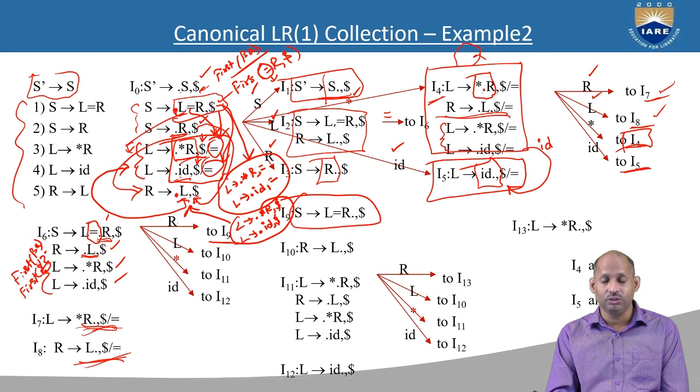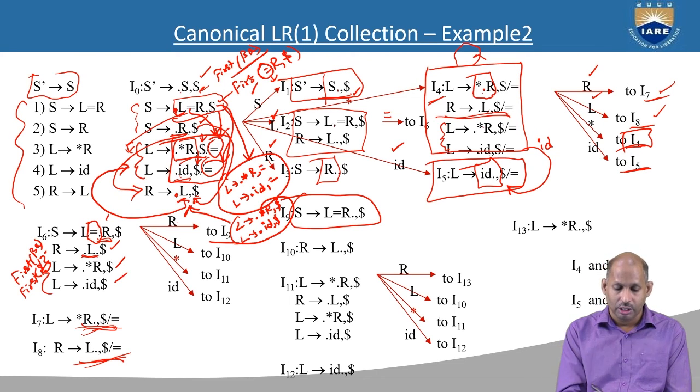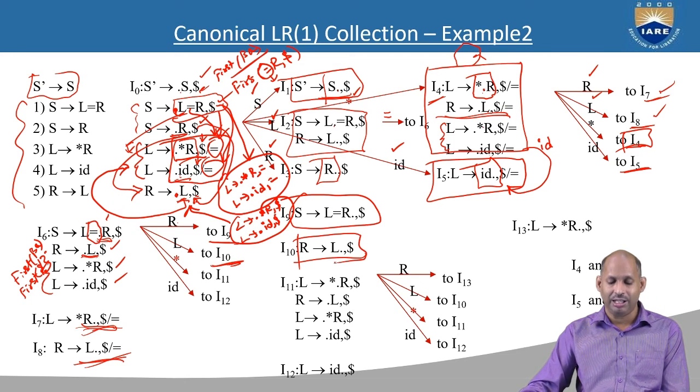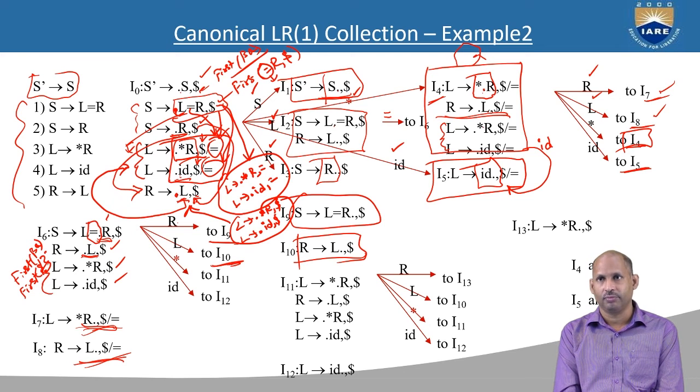S gives L equals R dot. This is the I10: R gives L dot, comma dollar. Right? R gives L dot, comma dollar.